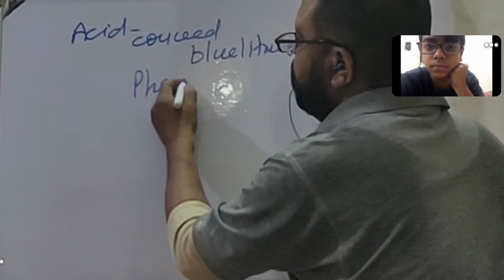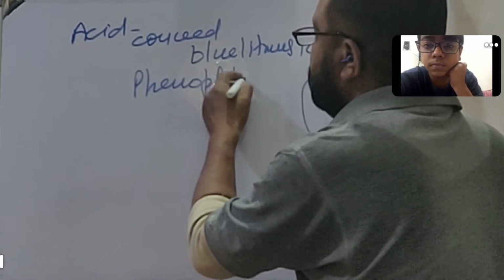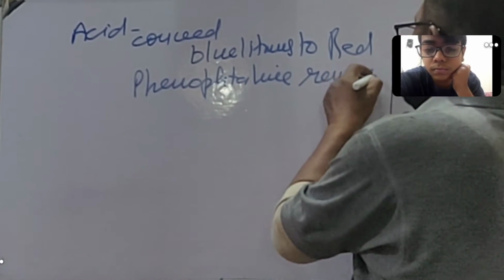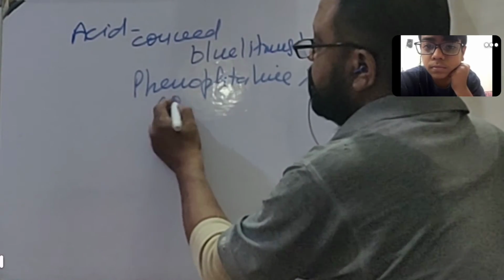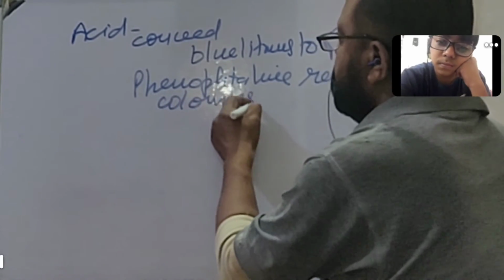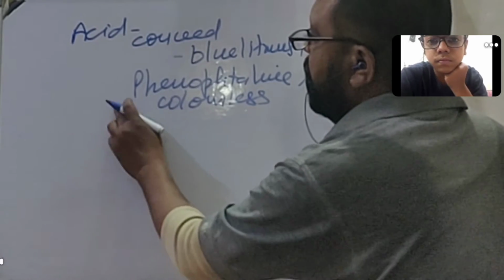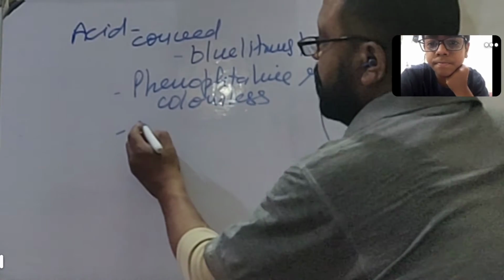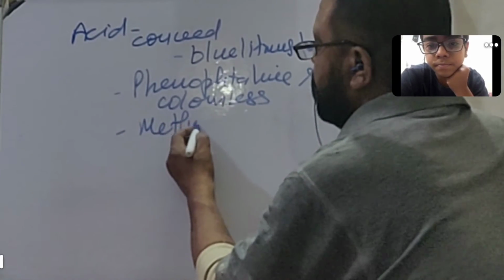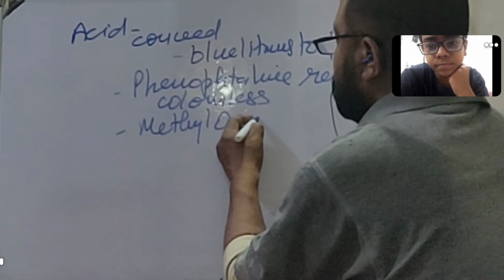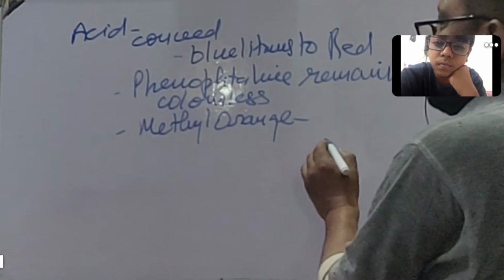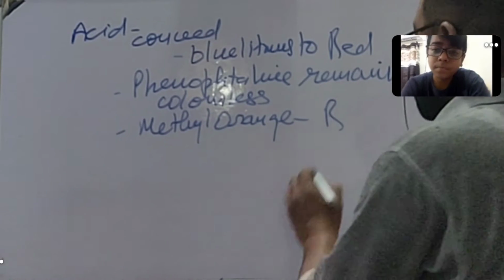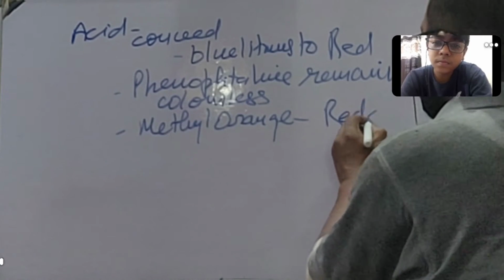Phenolphthalein remains colorless, and methyl orange converts into red, reddish pink.